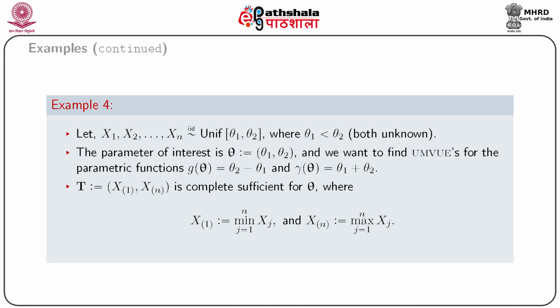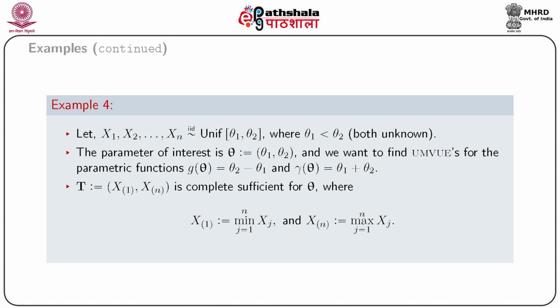The complete sufficient statistic for theta is capital T equals (X ordered 1, X ordered n), where X ordered 1 is the minimum of X1, X2, up to Xn and X ordered n is the maximum of X1, X2, up to Xn.